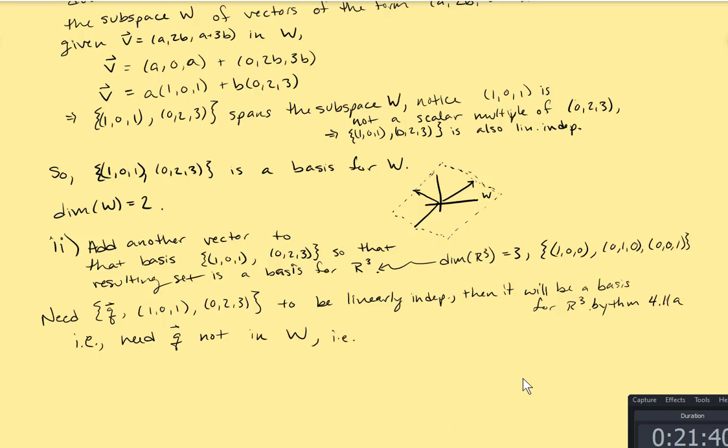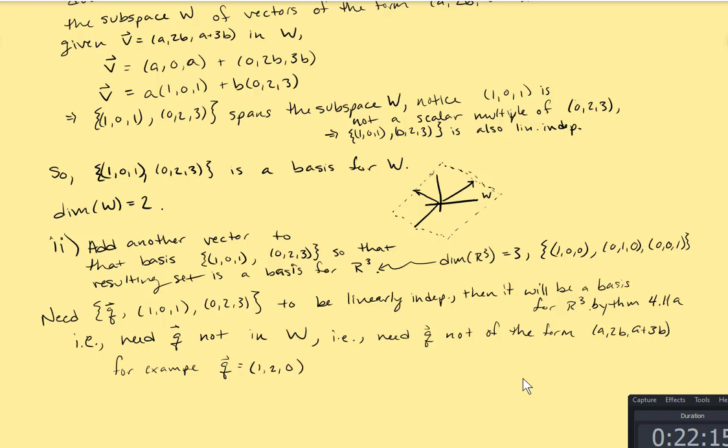Yet another way to rephrase it: we need a vector q not of the form that all vectors in W have, (a, 2b, a + 3b). We just need any vector that's not of that form. For example, take q equals, I don't know, (1, 2, 0).